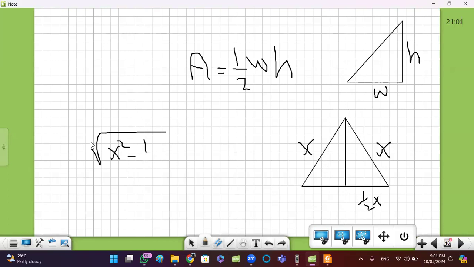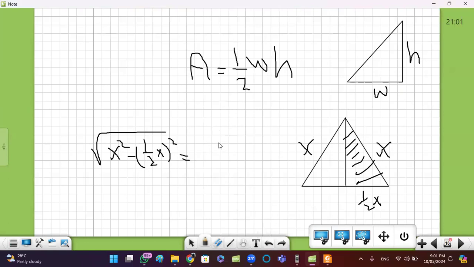Half X power 2, right? Pythagoras, I want this side. It will be X squared minus 1 over 4 X squared.